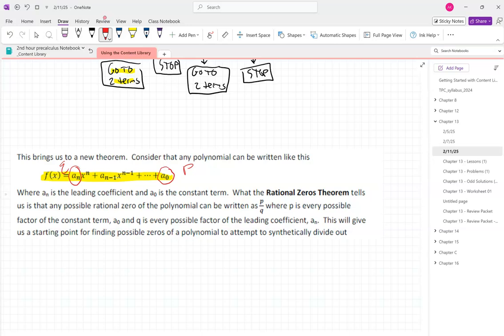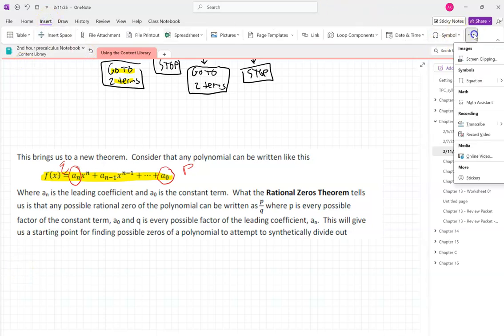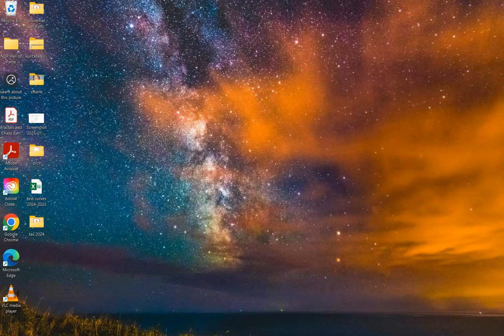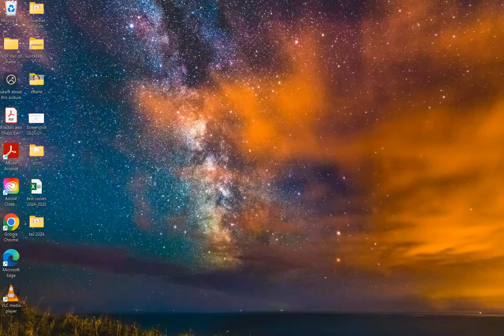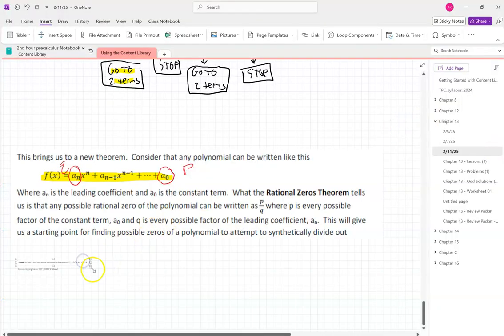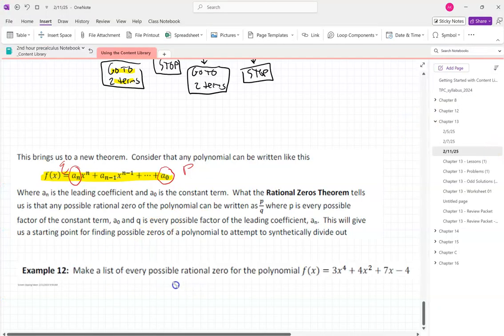So if I have some polynomial, I can use this theorem to create a list of possible factors.